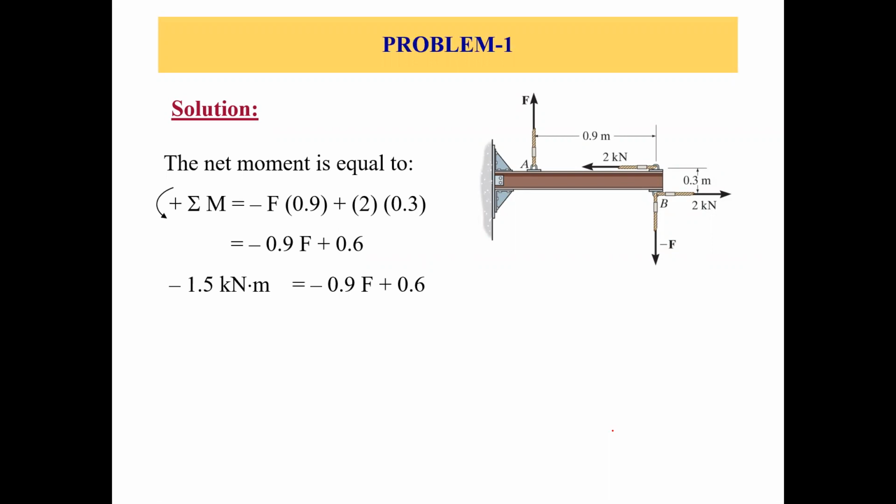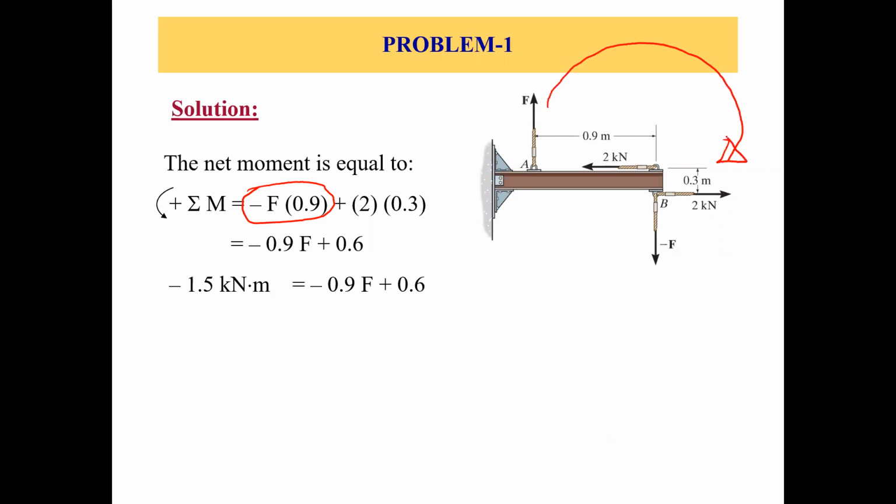Let's take force F times the distance d, which is 0.9 meters. So F times 0.9, because it's a clockwise moment. This is creating a clockwise moment.